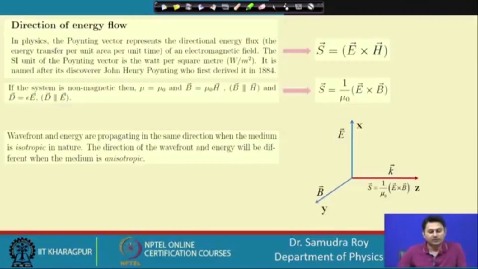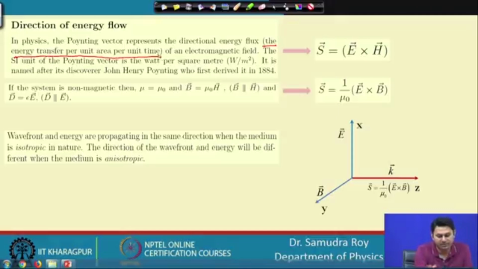So, the direction of the energy flow is important, but before that we need to know the meaning of the Poynting vector. The Poynting vector, as written here, represents the directional energy flux. Energy flux is nothing but the energy transfer per unit area per unit time. So, the amount of energy passing through per unit area per unit time is called the energy flux.